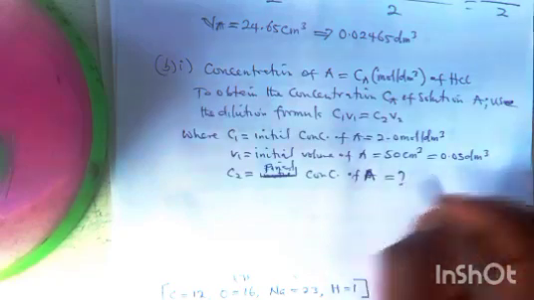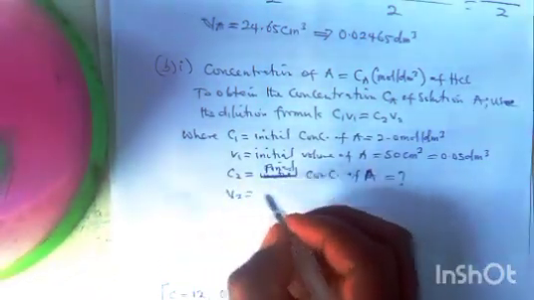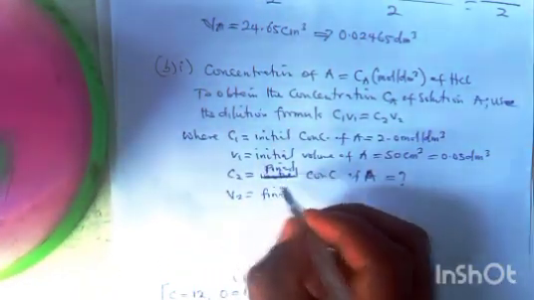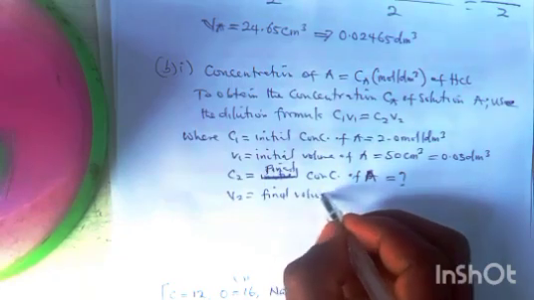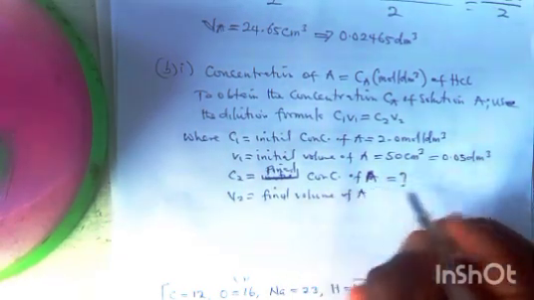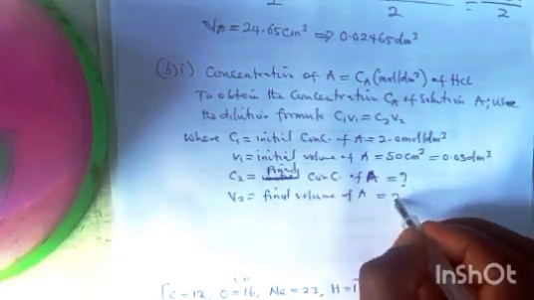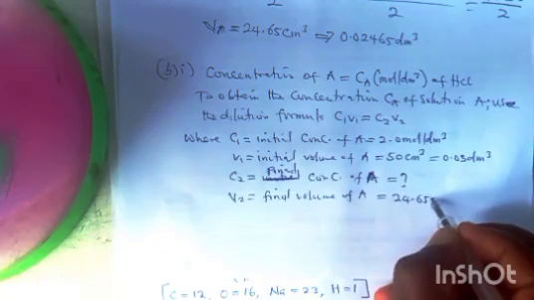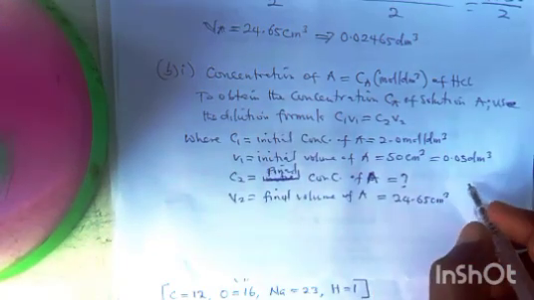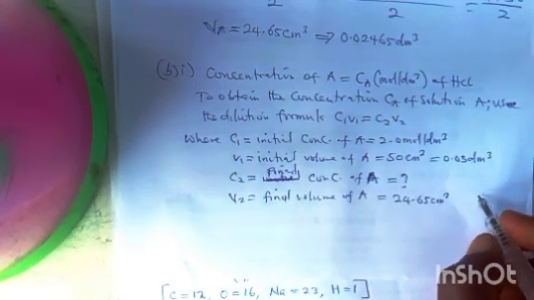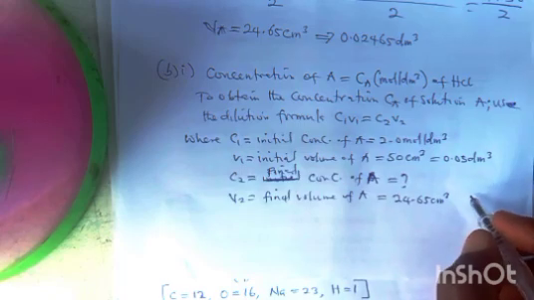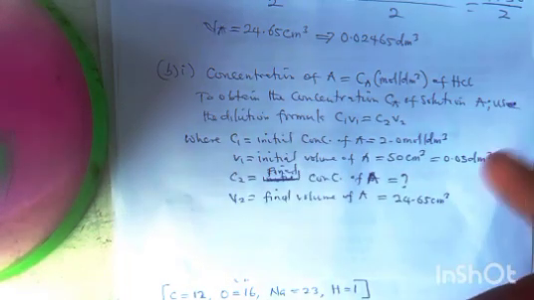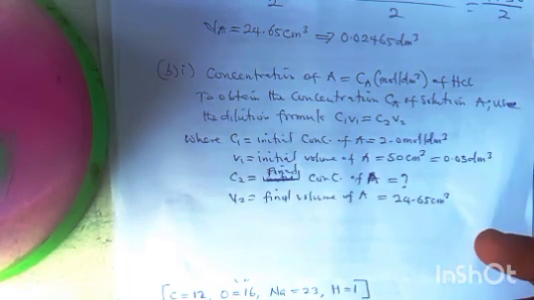We are looking for the final concentration of A. Then V2 is the final volume of A, which is the acid, which is 24.65 centimeter cube, or... I think no, is that correct?